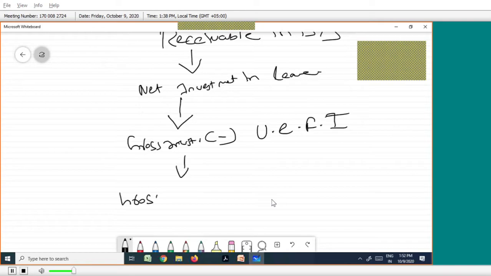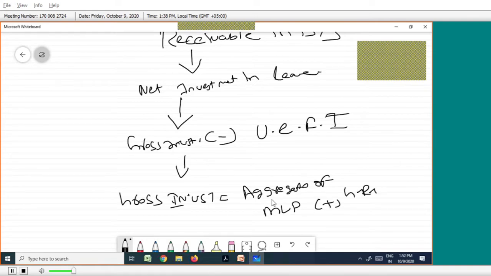Gross investment equals aggregate MLP plus guaranteed residual value plus unguaranteed residual value.